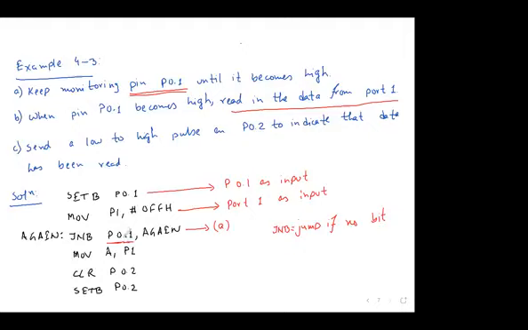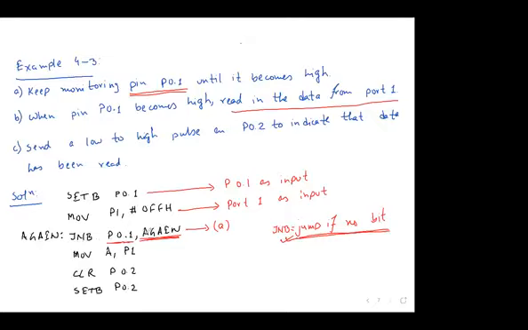As long as the bit is low, or as long as it contains binary 0, this condition will be true, because the condition is jump if no bit. If there is no bit, that means it will contain 0, a low voltage, the same thing as binary 0. That means this condition will be true and it will keep on jumping in this loop.